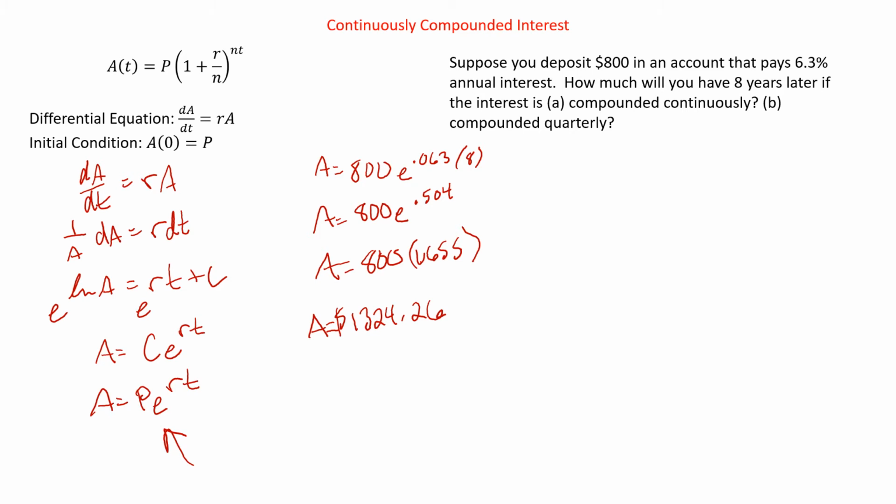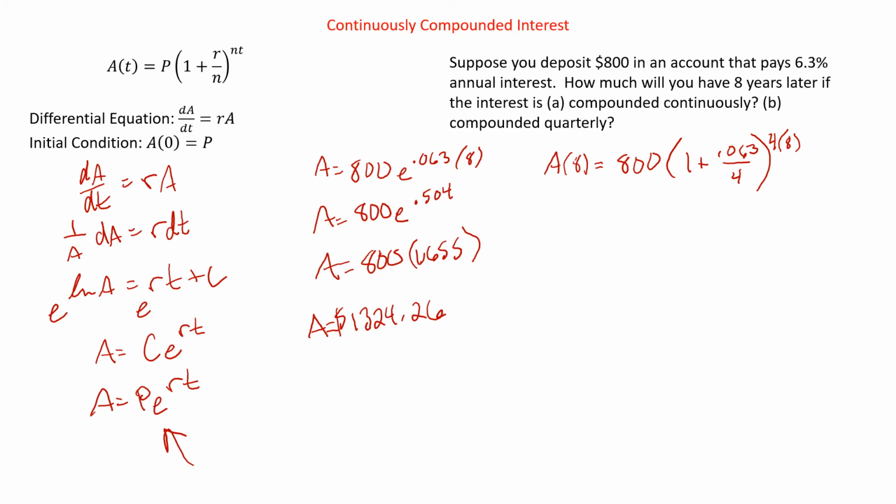What about if it's compounded quarterly? Well, A of 8 would equal our principal, 800, times 1 plus 0.063 over 4, because quarterly means it happens 4 times a year. And then to the 4 times 8, so how many times are we actually compounding this thing?